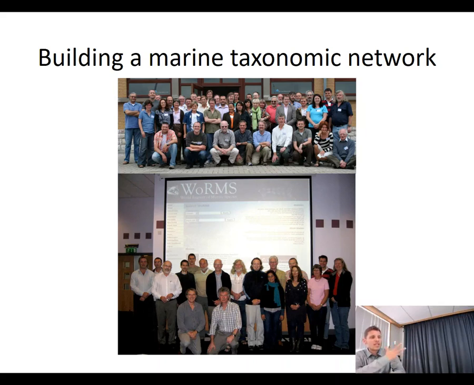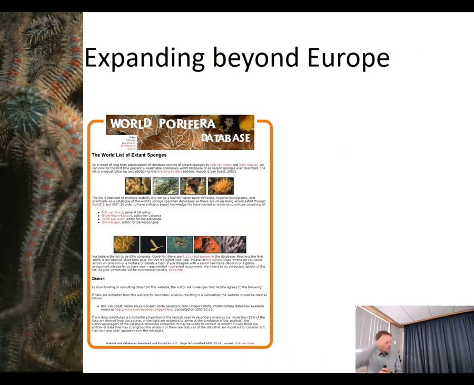We approached different taxonomic experts, asking if they were willing to contribute to the register and to act as an associated editor of the project. A lot of them agreed, so we were able to build a network of around 100-120 taxonomic editors, who were responsible for the content of their taxonomic group within the data system.